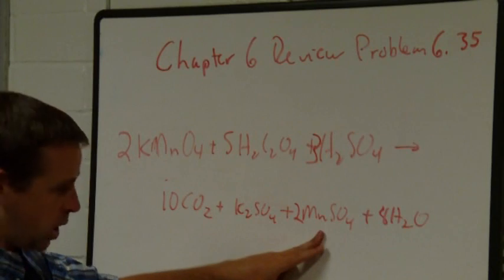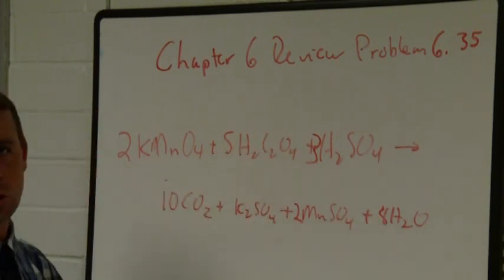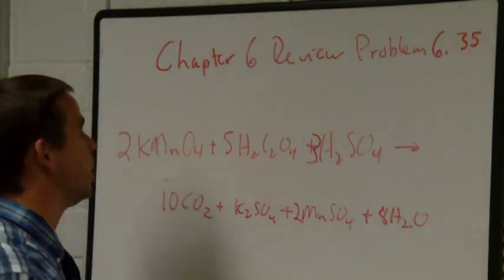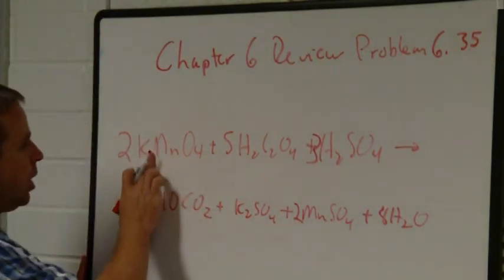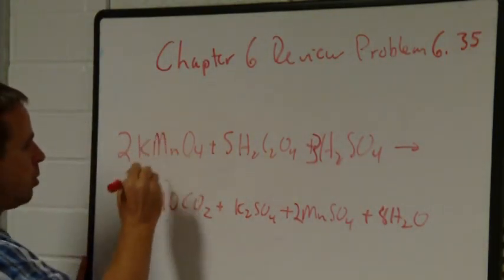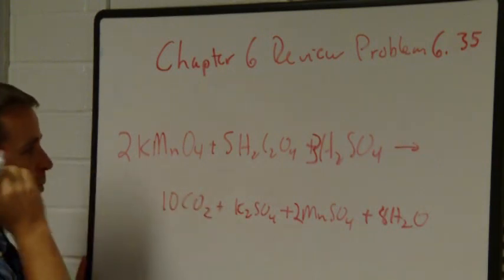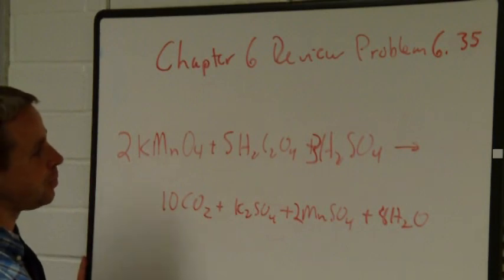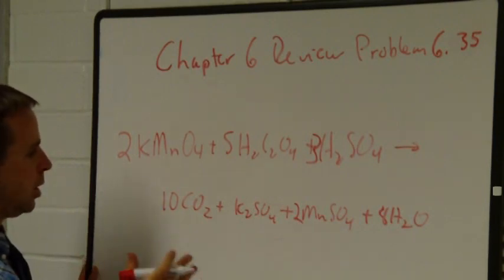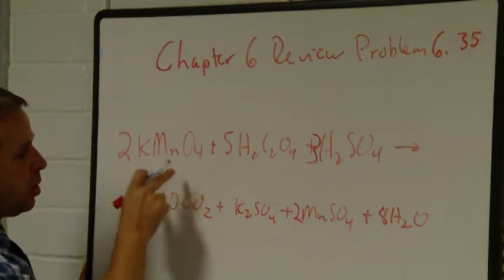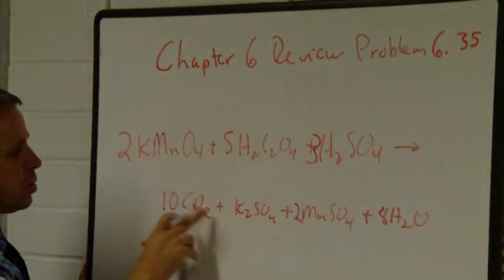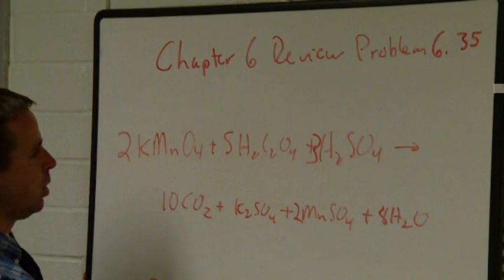Not that these numbers change anything, right? The coefficients don't change what the oxidation numbers on the elements are, but just in case. All right, we have to identify what's being oxidized, what's being reduced. So we look at the elements, right? Potassium here is in an ionic compound here and an ionic compound here, so we know that it's not going to be changing.